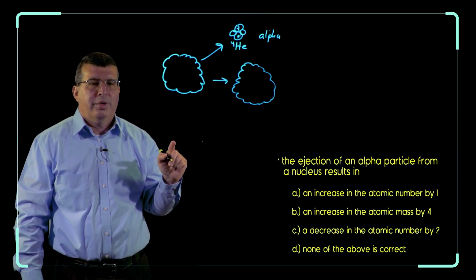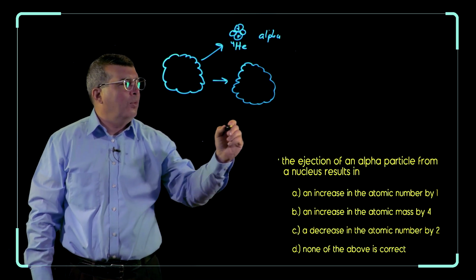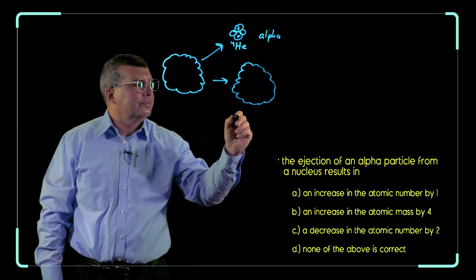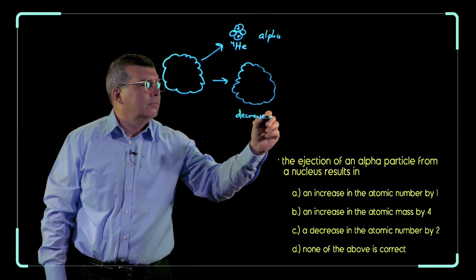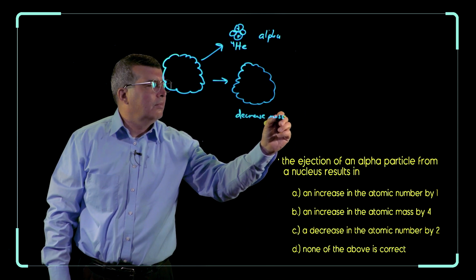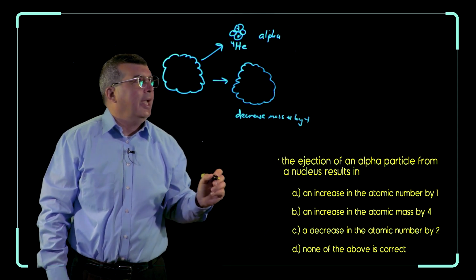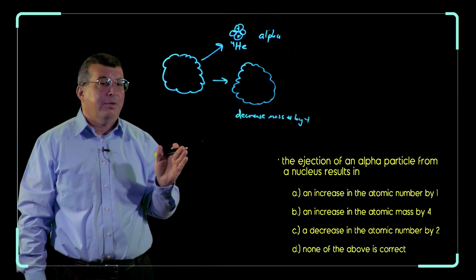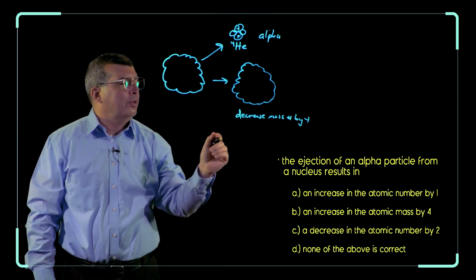So we are decreasing the mass number by 4. And we're decreasing the atomic number by 2. So we took away 2 protons.